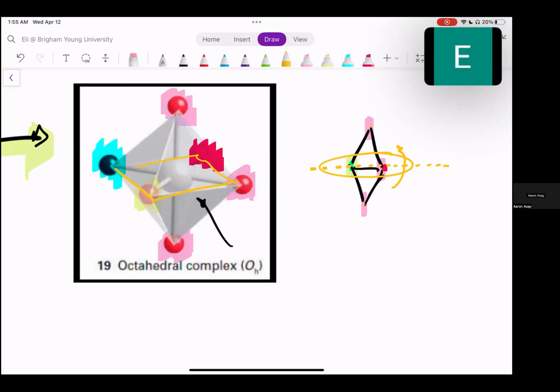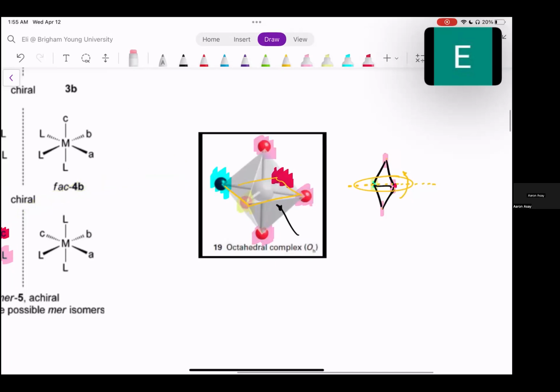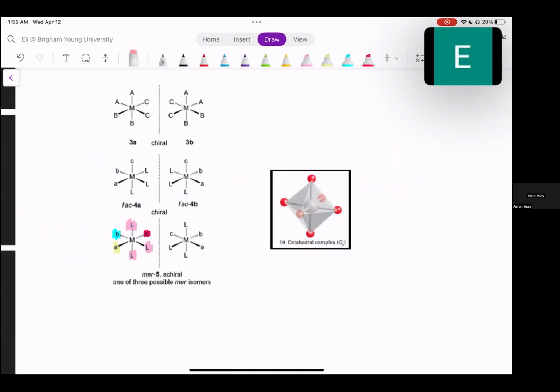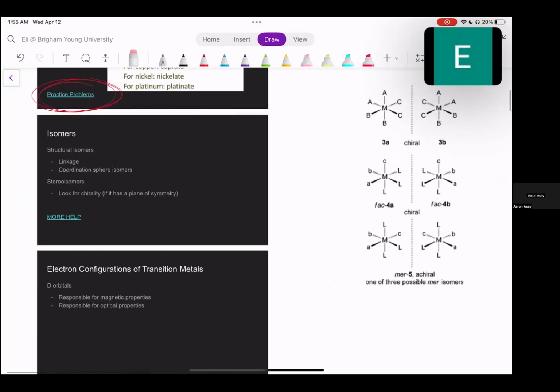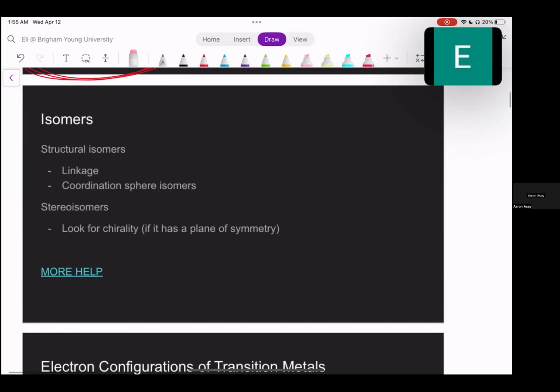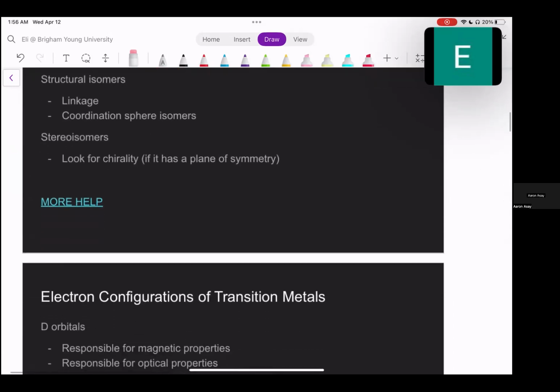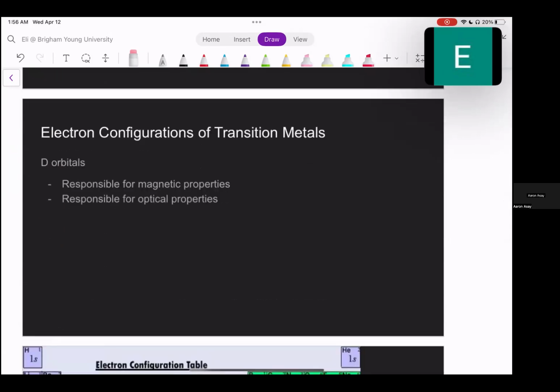So that's another way to determine if something is chiral and if it will have a stereoisomer. So be careful of that on your test. Again, there are more examples. If you need help, I've linked a YouTube video here that can hopefully help you distinguish that and understand it a little bit better.